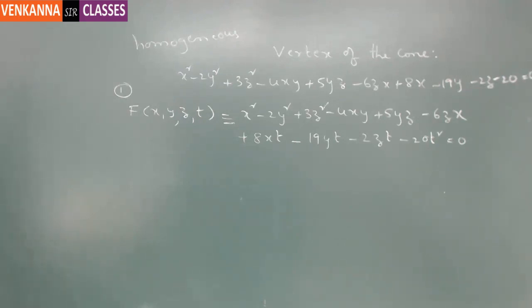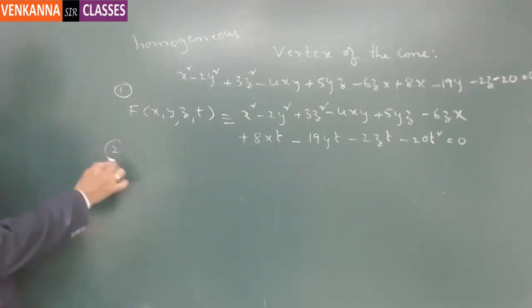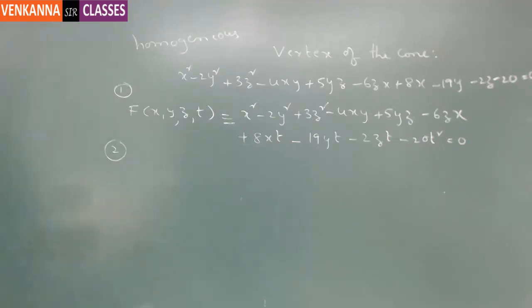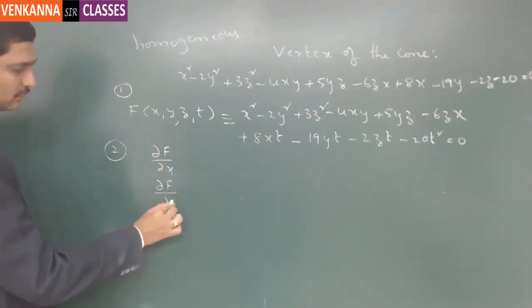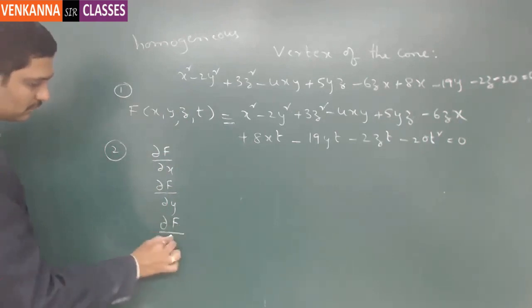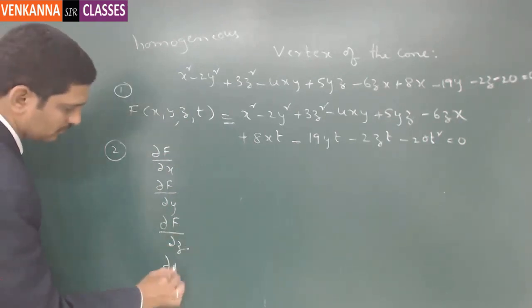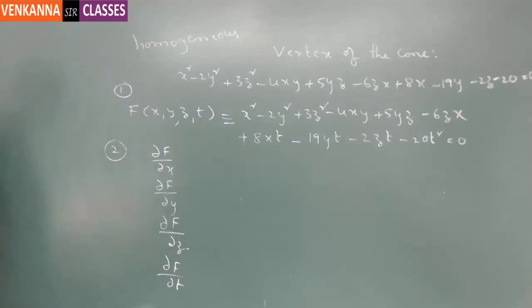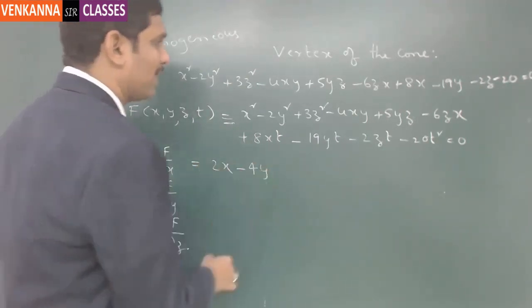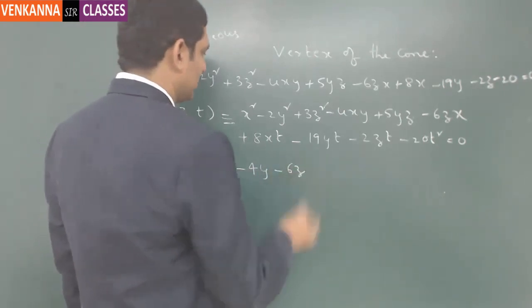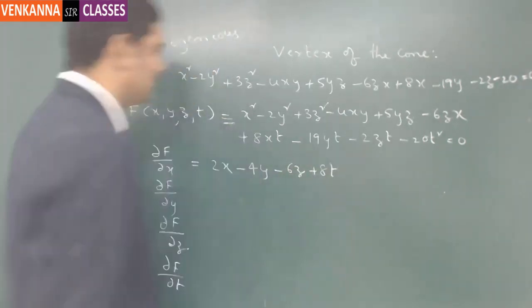Now, the second step is we have to do the partial derivatives for it. The 4 partial derivatives we are considering. So here, with respect to x, it is nothing but 2x minus 4y minus 6z plus 8t.